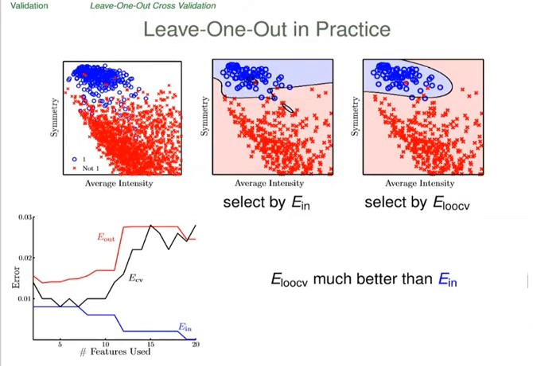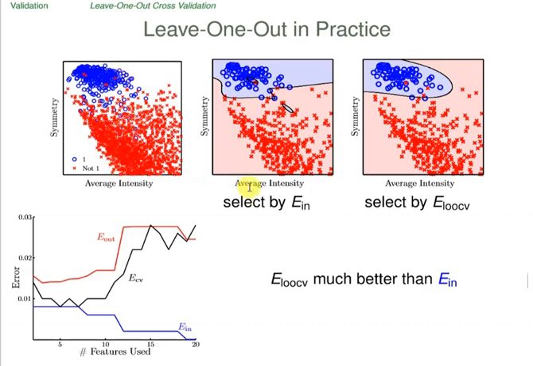Let us revisit the case of handwritten digit classification, where we extracted 2 features from the raw digits: symmetry and average intensity. Here we have 500 points for training and use the rest for testing the hypothesis.